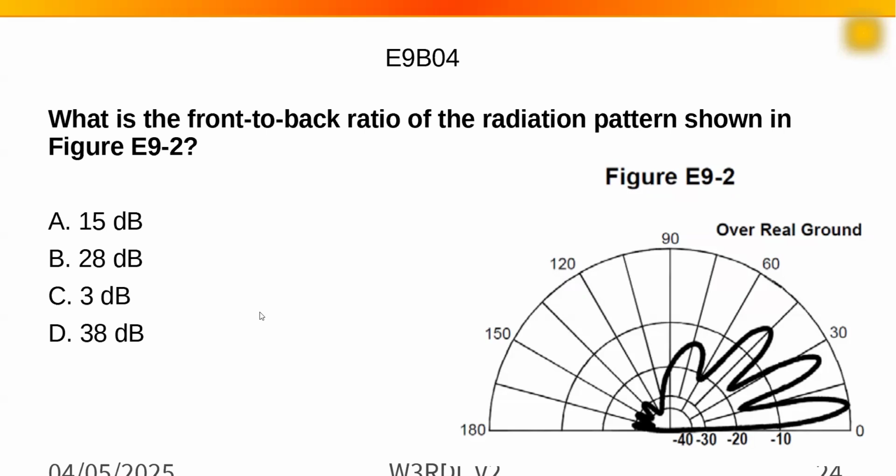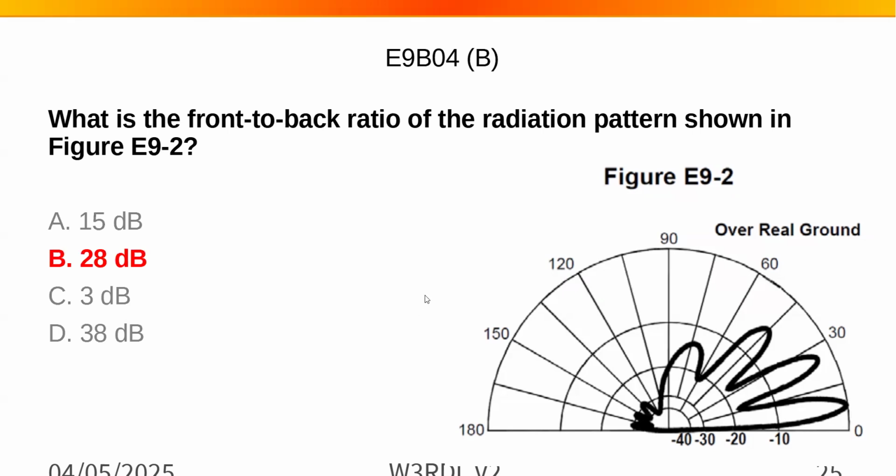What's the front to back? Okay, this is the back lobe, the maximum back lobe. It's a little less than minus 30. They're saying 28. I'd go with that. So none of the others are close enough.